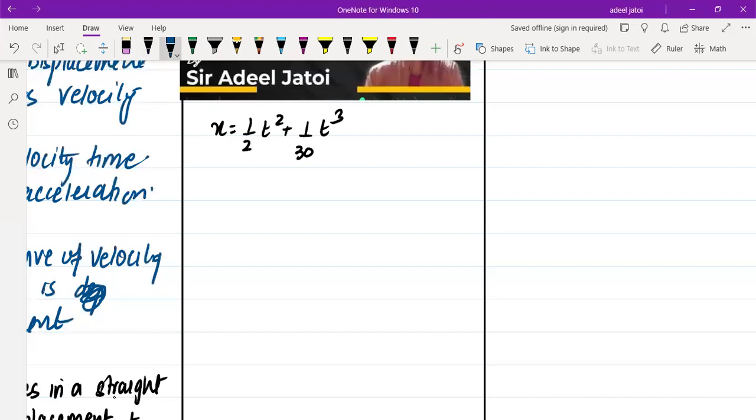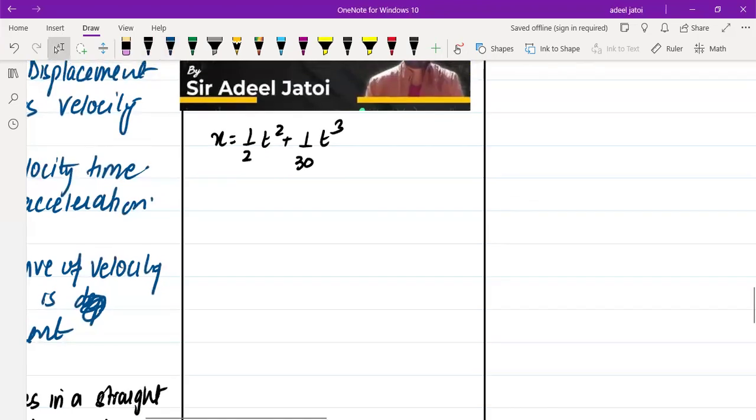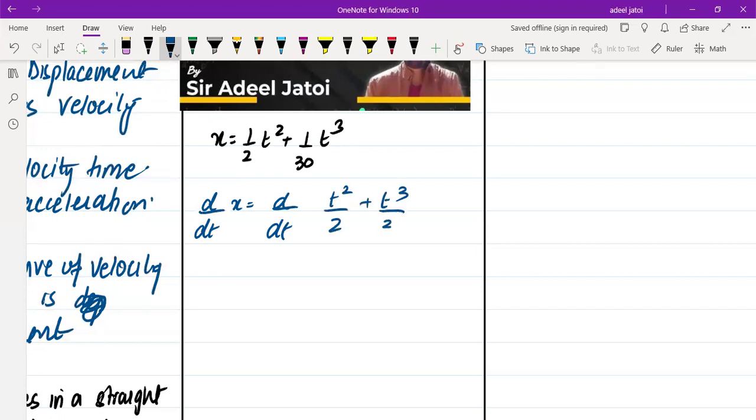If we differentiate this, d upon dt of x is equal to d upon dt of t square upon 2 plus t cube upon 30. When you differentiate the displacement, you end up having V, and your 2 comes down, 2 cancels, you're left with t plus your cube comes down, 1 upon 10, so this should be t square upon 10.